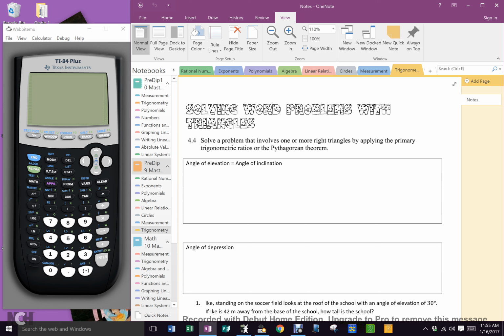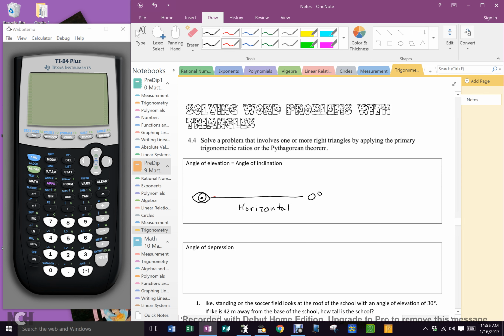Here is how we draw it on a piece of paper. There is my eye. My eye looks out horizontally, and this is 0 degrees. If my eye looks up at an aeroplane, for example, since my eye has raised, I have made an angle of elevation.